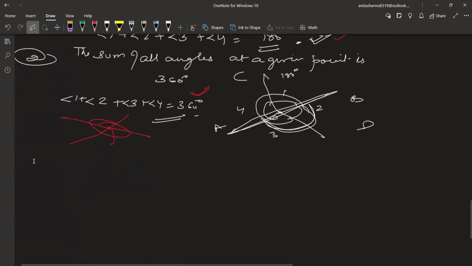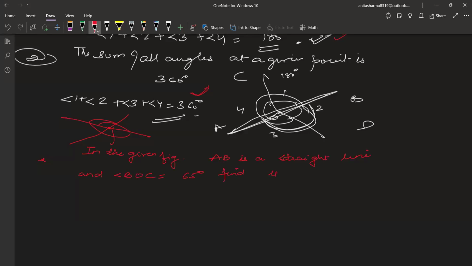Now see, children. Suppose in any question we have to find, in the given figure, AB is a straight line and angle BOC is equal to 65 degrees, then find the measure of angle AOC. Fine. So let's draw a figure. This is the figure, beta.